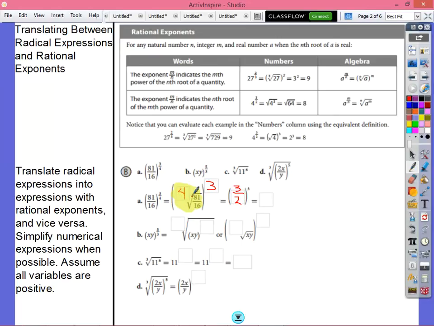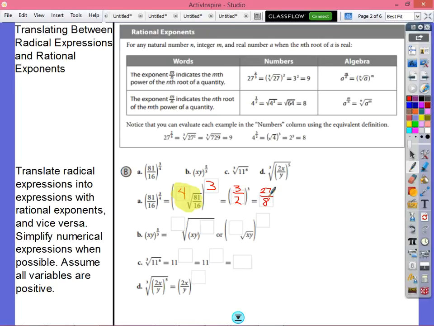Now I need to do 3/2 to the 3rd power. To do that, I would do both 3 to the 3rd power and 2 to the 3rd power. 3 to the 3rd power, that's 3 times 3 times 3, which is 27. 2 to the 3rd power is 2 times 2 times 2, which is 8.